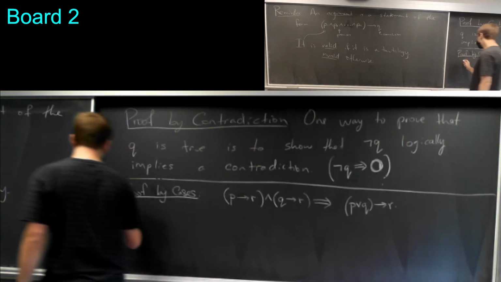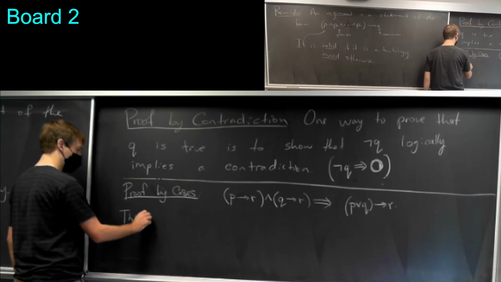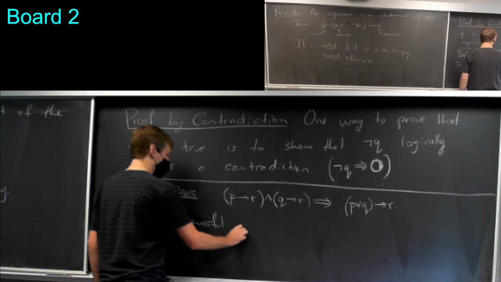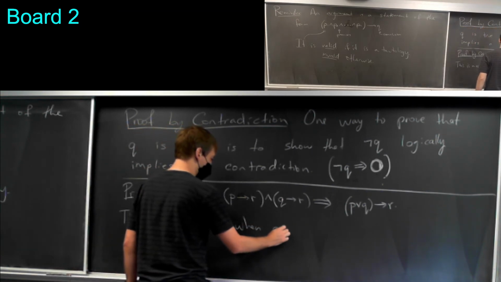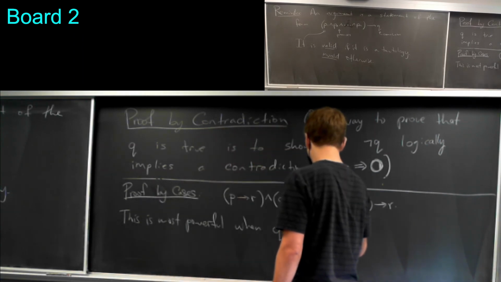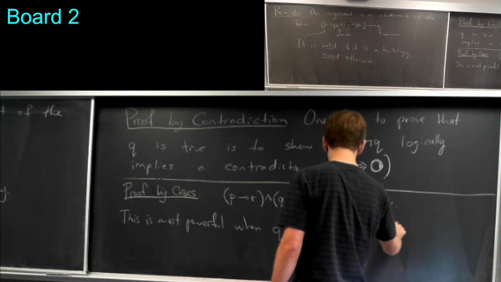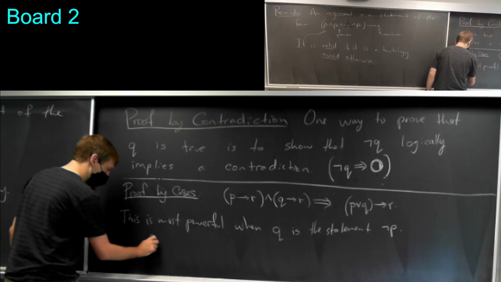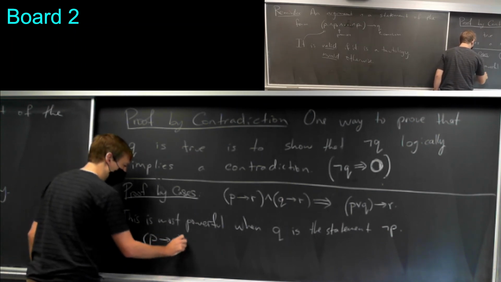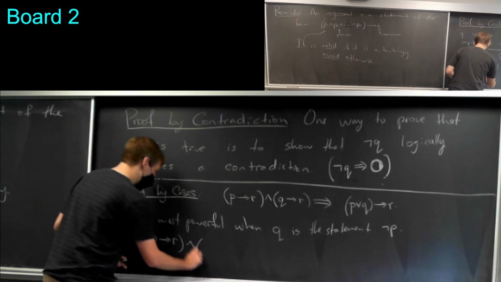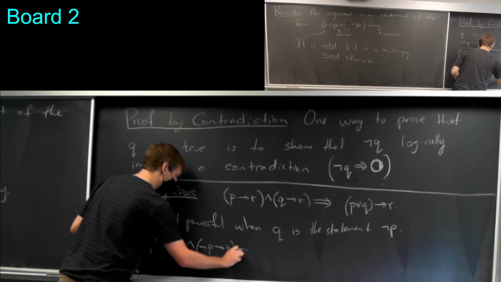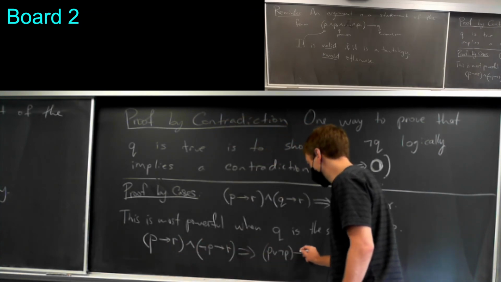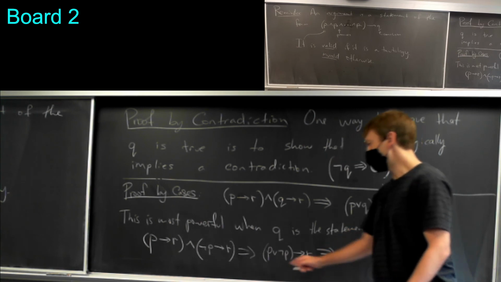I would say that this is most powerful when Q is the statement not P. Because in that case, if P implies R, and not P implies R, then P or not P implies R. But what's P or not P?